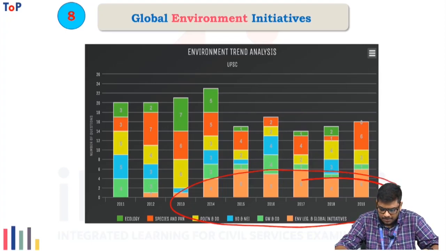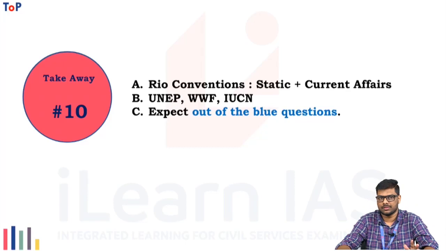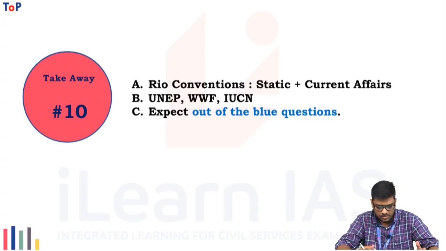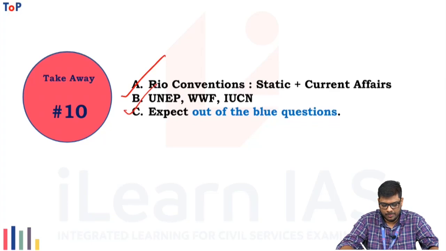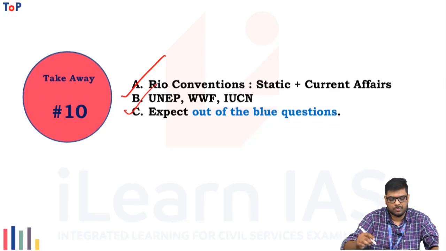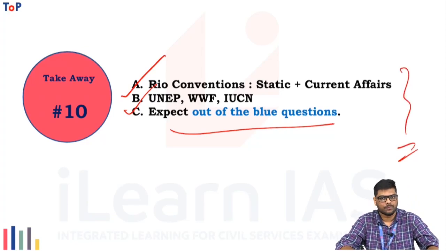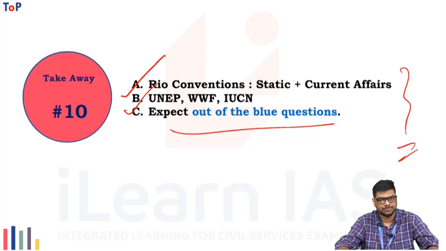And by analyzing the previous 9 years' papers, I have come to the takeaway that UPSC follows 3 patterns when it comes to global initiatives: the Rio Convention affinity, the UNEP, WWF, IUCN big 3 affinity, and some out of the blue questions. So this is takeaway number 10 for tackling questions from global initiatives.